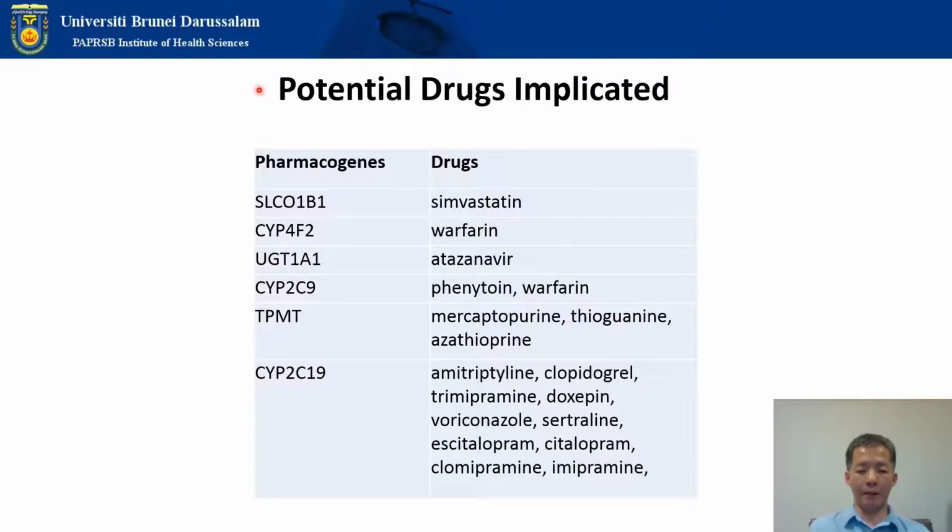In this slide, it's basically showing us the drugs that may be affected by the alleles that we saw in the two Malay population groups. Some of these drugs are quite commonly used as well, including warfarin.